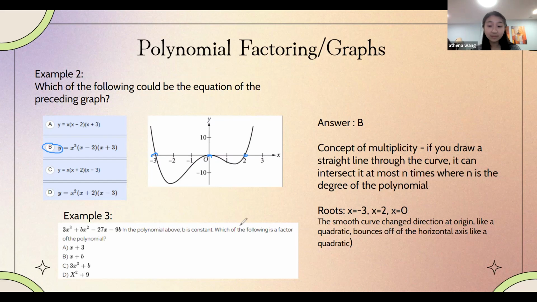And then for this third example, we basically just use the concept, well, the factor theorem basically. And we see that if we plug in x equals 3, x equals negative 3, we look at these answer choices, they both work.